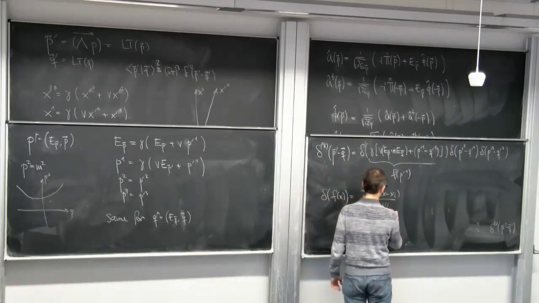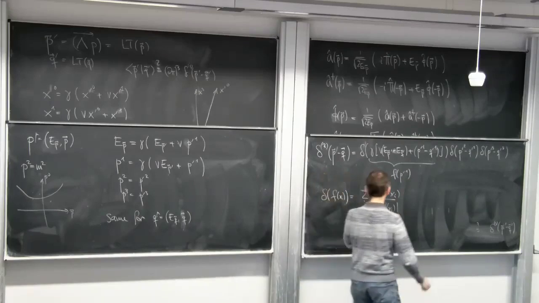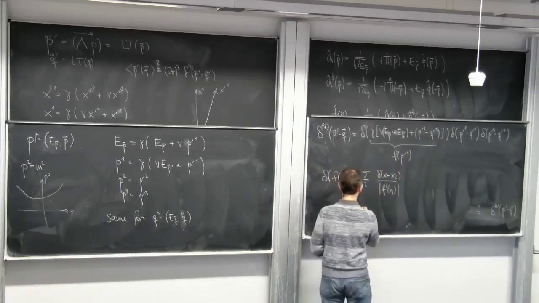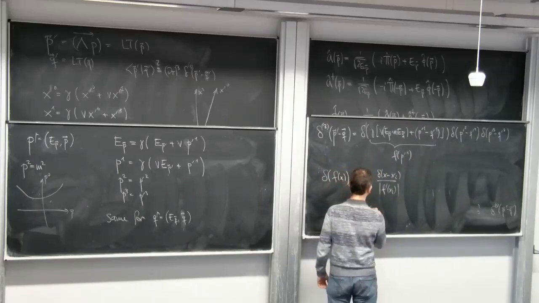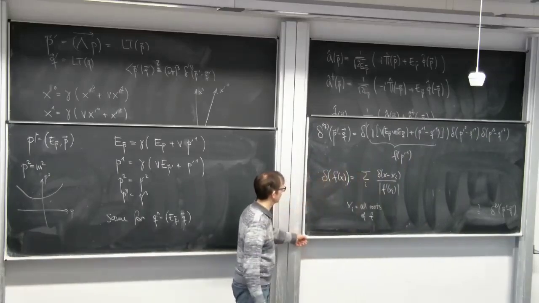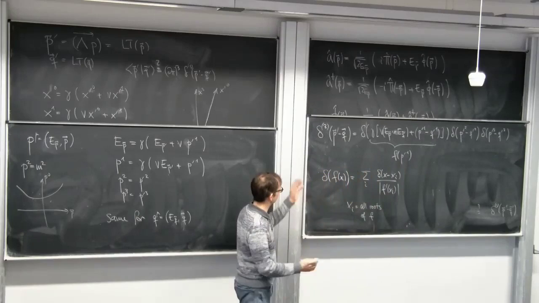So it's the f prime at that root. And if it goes the other way around, you just take the minus sign away. And that's it. So x_i are all the roots of f, and these are simple roots.